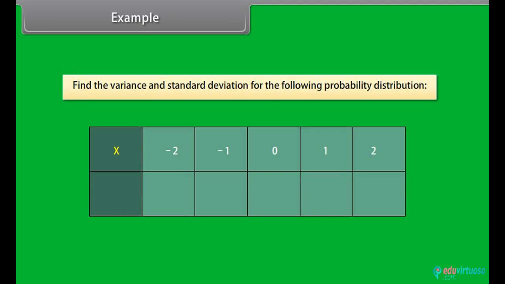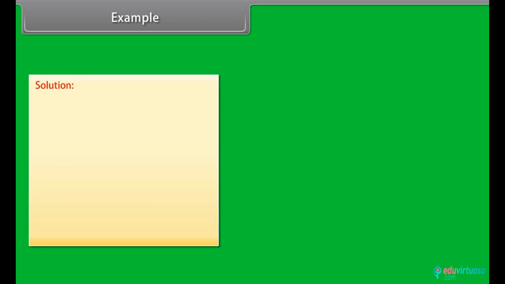Example: find the variance and standard deviation for the following probability distribution. Solution: the variance can be found by the formula variance of x equal to summation from i equal to 1 to n of xi square into p(xi) minus mean square.